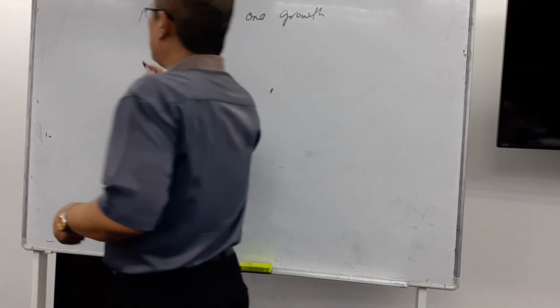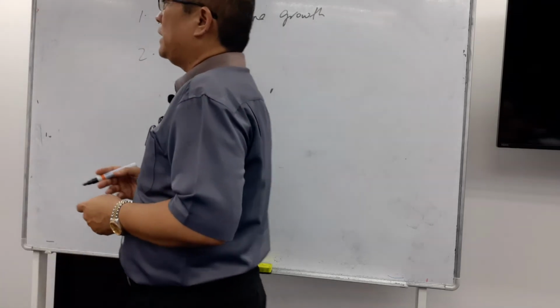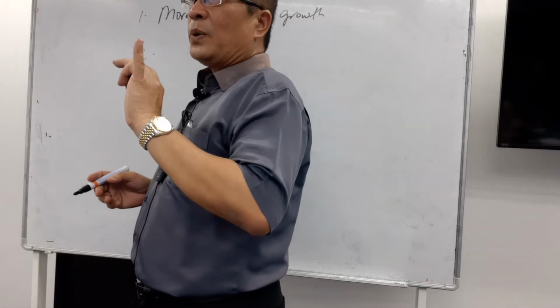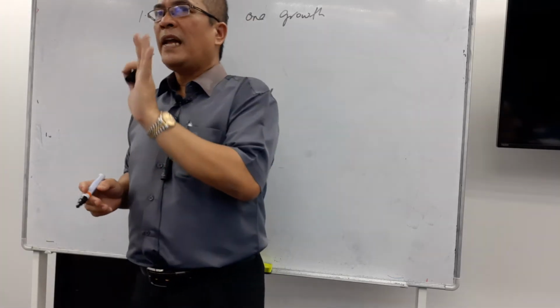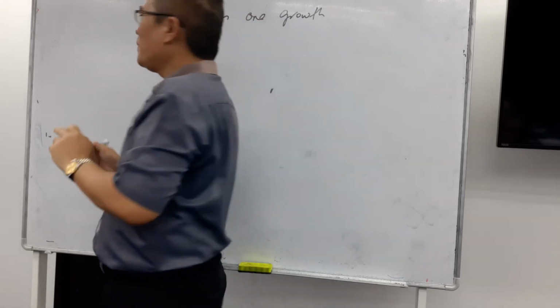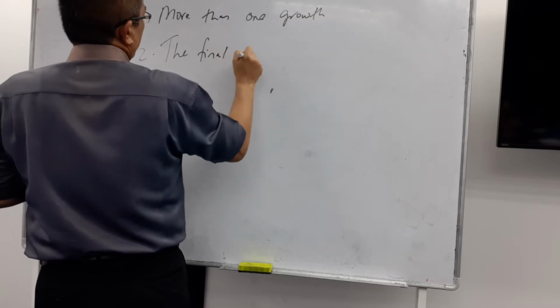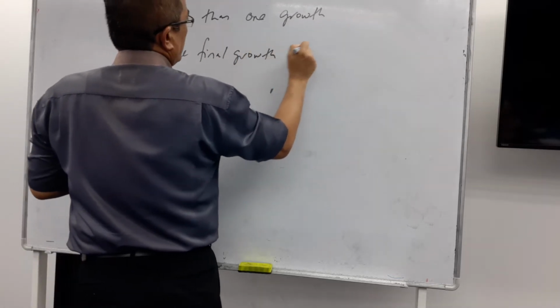The second characteristic of the multi-stage technique is the last growth. Let's say we have 3 growths. The last growth will be constant. So the final growth is constant.